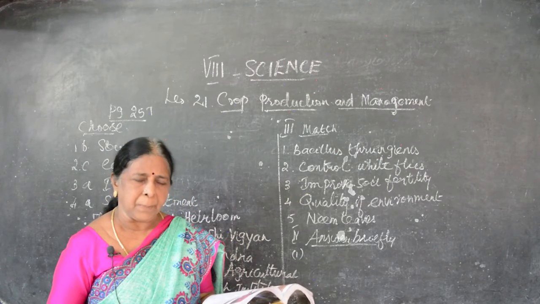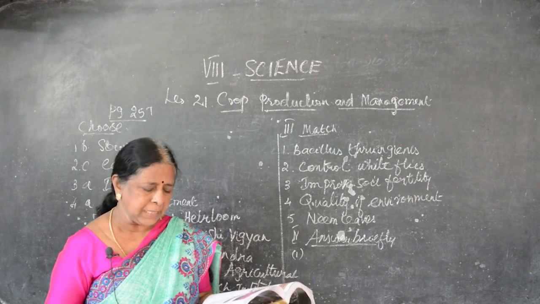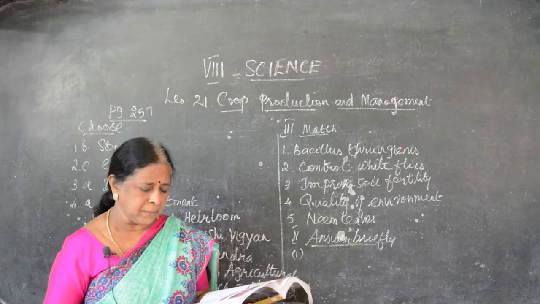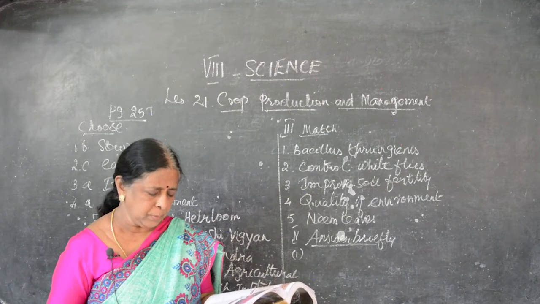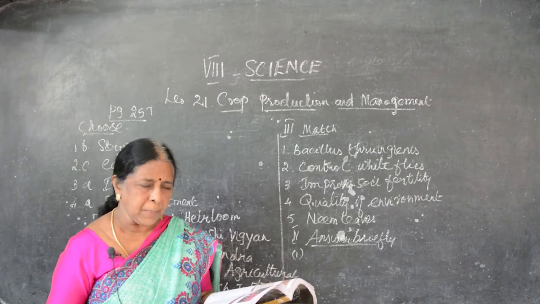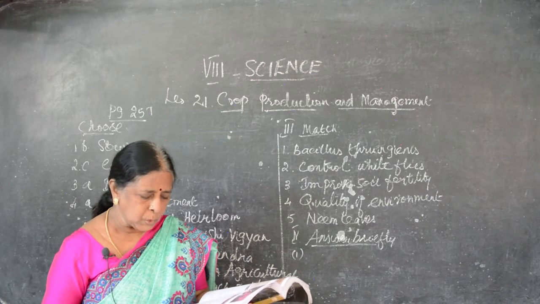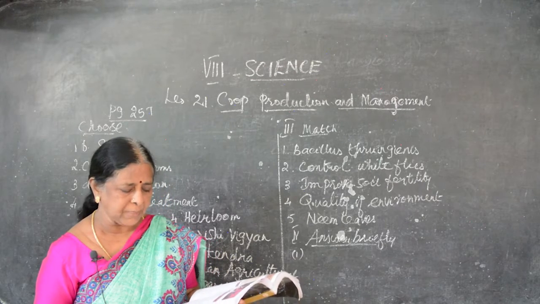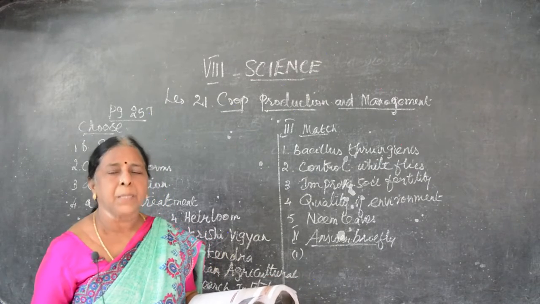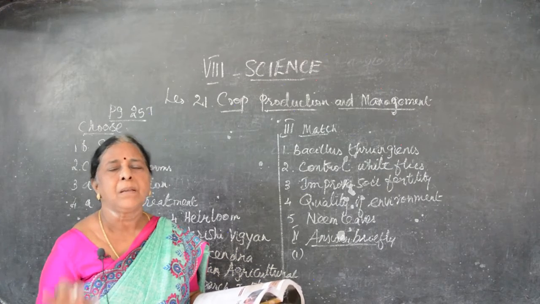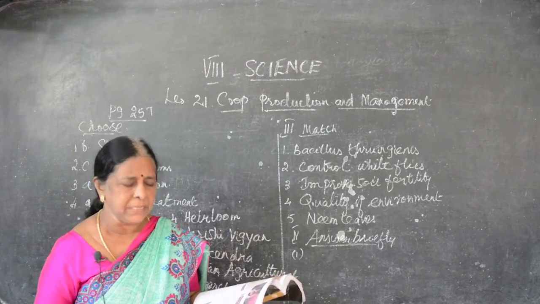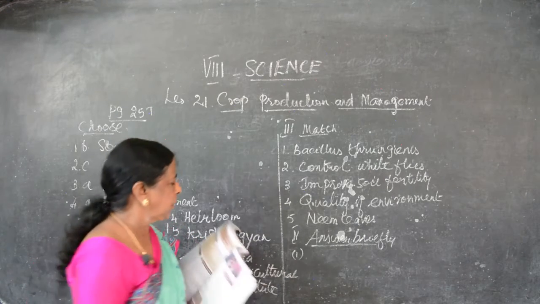Ploughing or tilling, that paragraph fully. Ploughing or tilling is the process of loosening and turning the soil up and down to facilitate the availability of nutrient in the root zone of the cultivating crop. Under the heading ploughing, 4 lines are given. All the 4 lines you have to write for this answer.